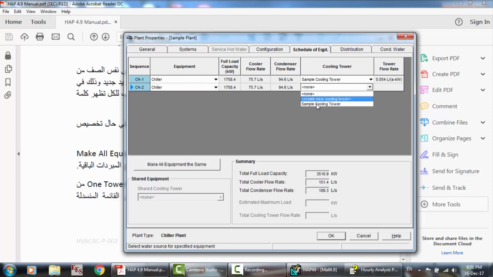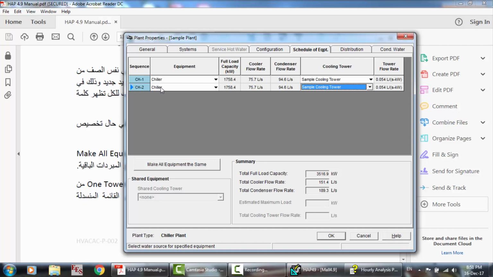Why? Because every chiller has its own cooling tower. But it's just a tutorial, so I do not have many cooling towers here. Suppose that this cooling tower is different from this, and this chiller is different from this, so there is no shared equipment.